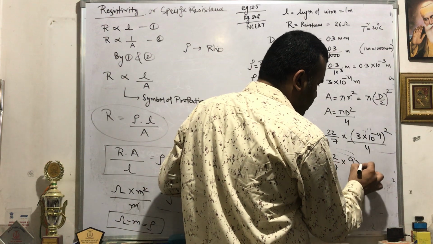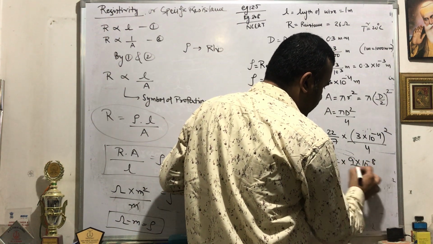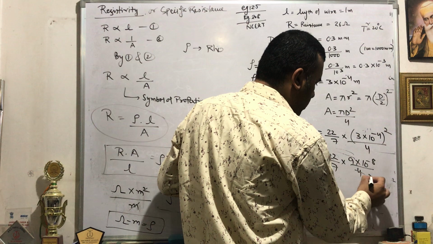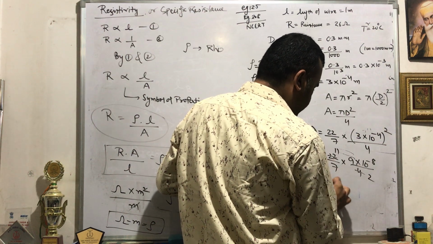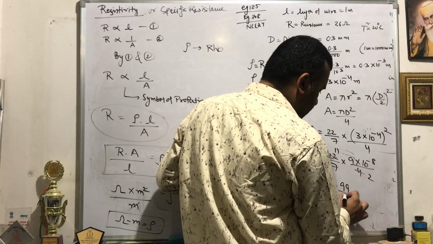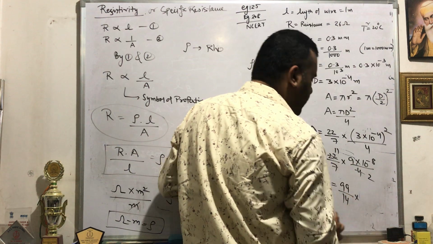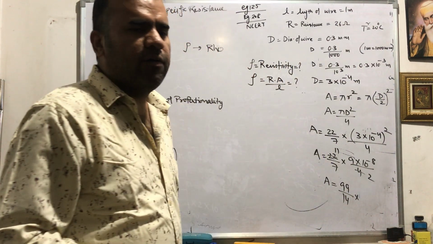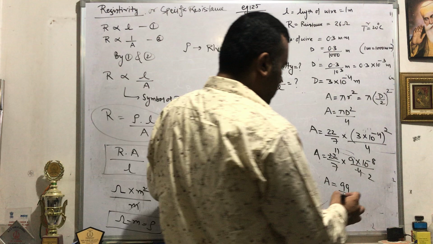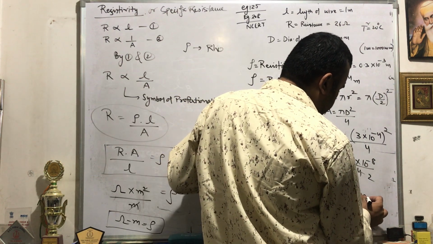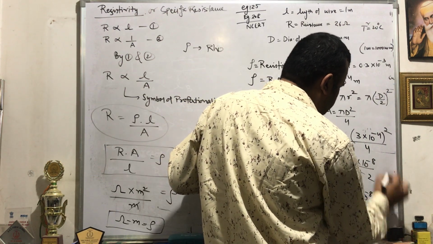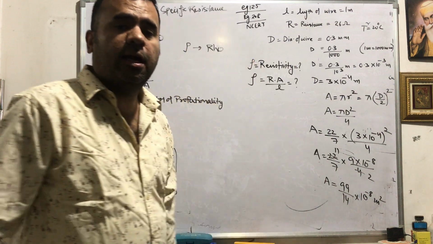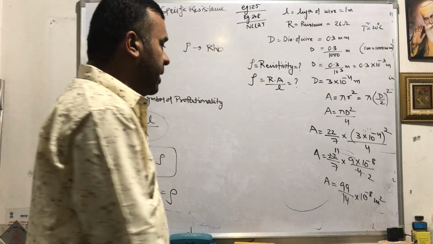Rest are your calculation skills. This is 9 into 10 to the power minus 8 by 4. We have area 99 by 14. Don't speak the answer from the book. The answer has not come yet, we have only calculated the area. Area is 99 by 14 into 10 to the power minus 8.